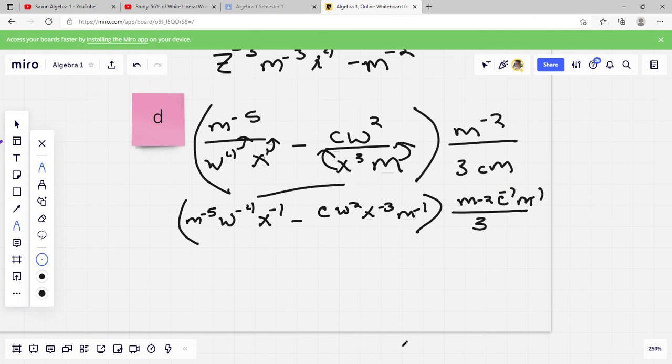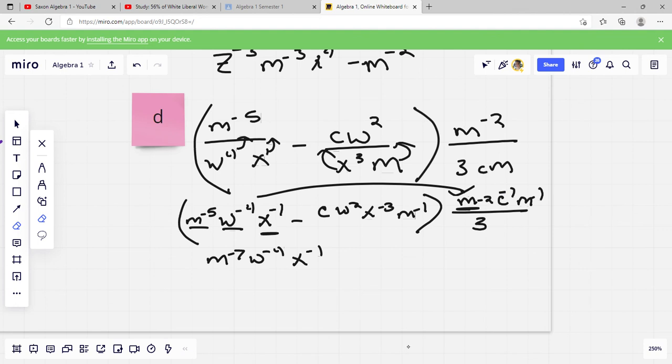Alright, now I'm going to do my distributive property. So m, -5, m, -2 would be m, -7. Okay, there's my m's. W -4. There are no other w's. Alright, x, -1. There are no other x's. Oh, whoopsie. Gotta go the other way.